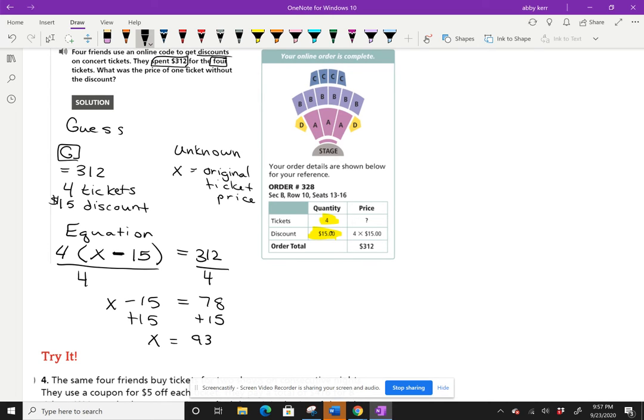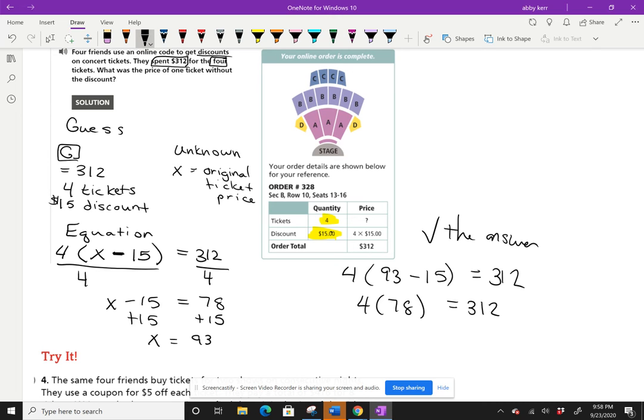Now, how you can check your answer is by plugging in that amount. So you know 4 people bought a ticket for $93 each, and then they had the $15 discount. That whole total should equal $312. Now remember, order of operations, do parentheses first. So this is me checking the answer. So then we have 4 parentheses 78 equals 312.